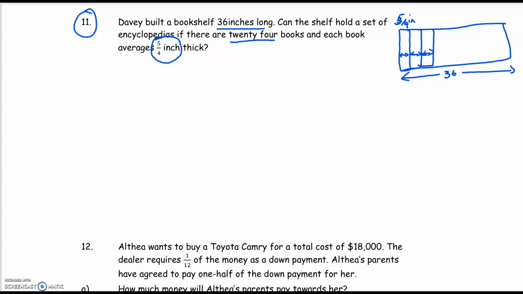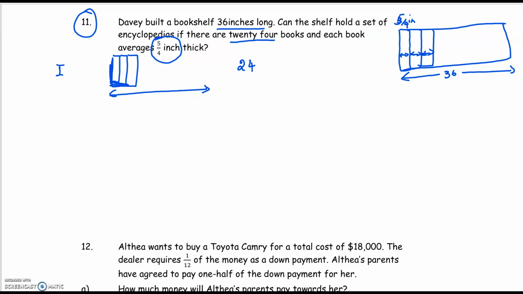Let's start with this first method. We're going to think about just the books. If we line them up, how long will this be? You're lining up these books, holding them vertical and then putting them into the shelf. Each book is 5/4 of an inch thick.